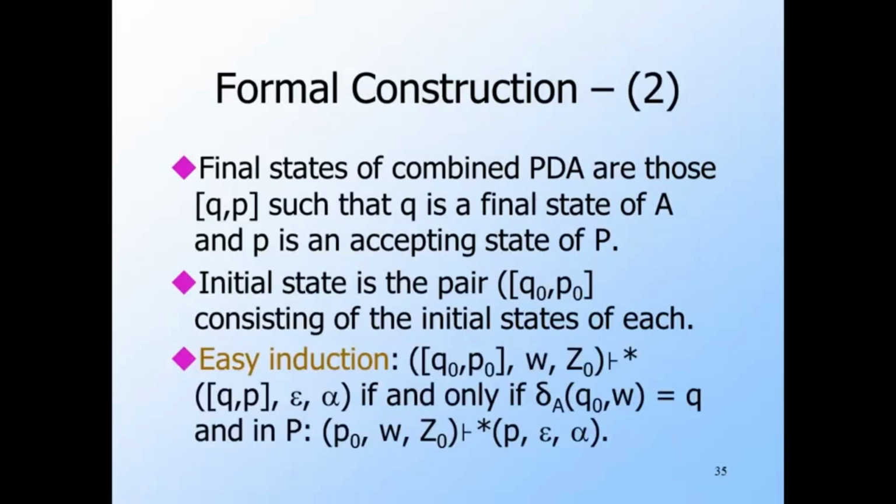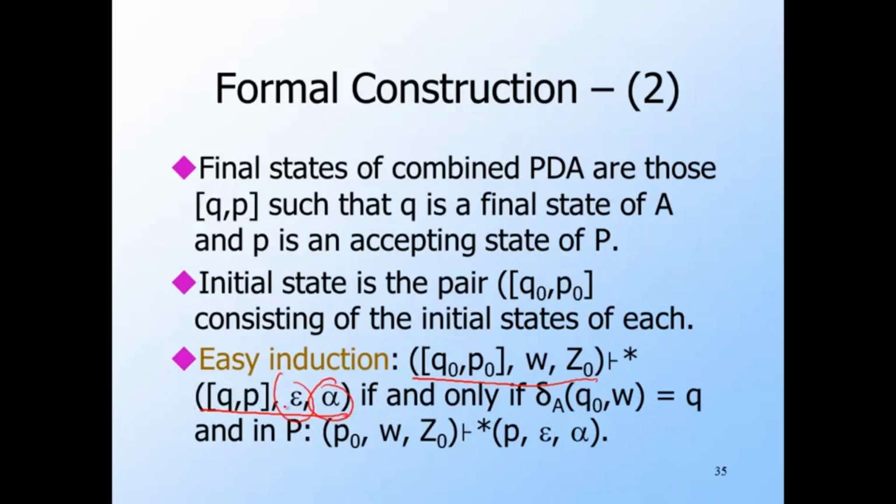We need to prove a pair of inductions on the number of moves made by each PDA. These inductions say that the new PDA started in its initial state with input W, this, consumes the input and enters an ID with state Q, P, and stack alpha, having consumed the input.